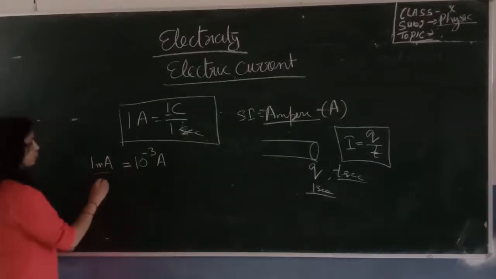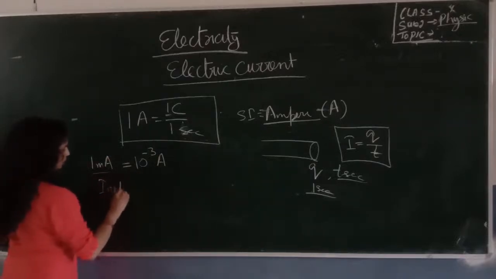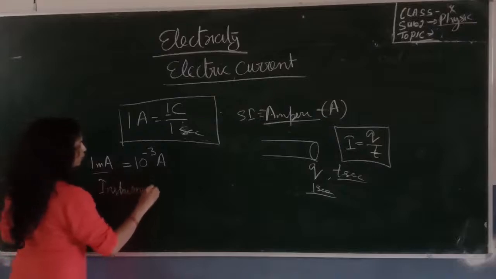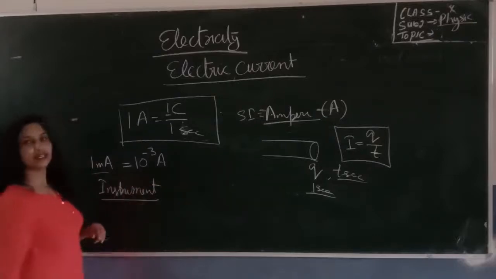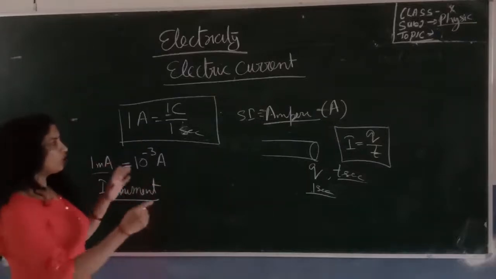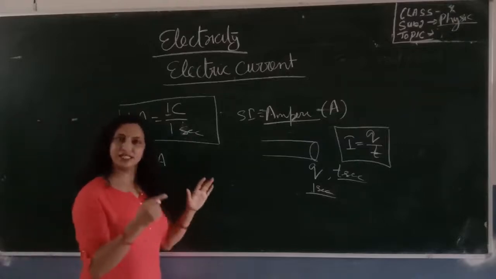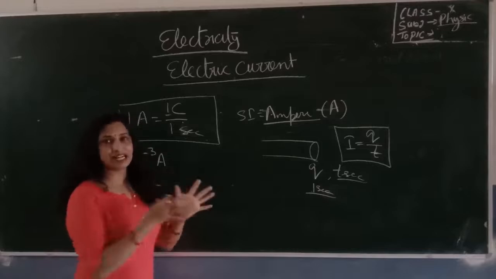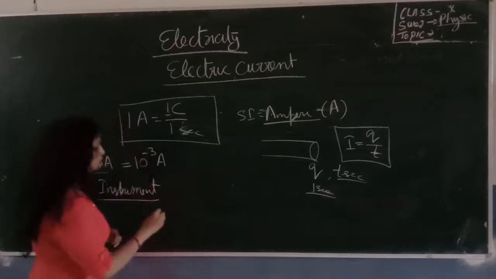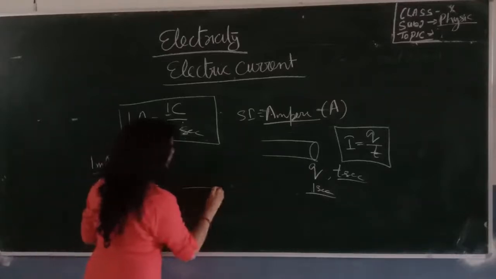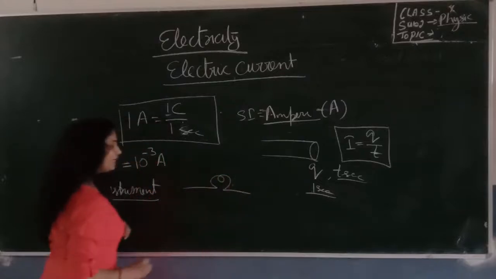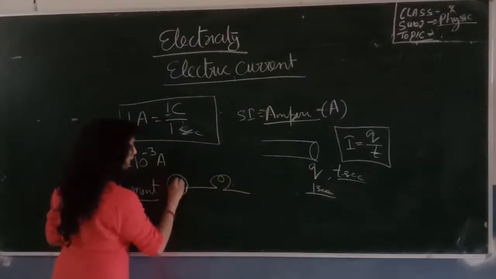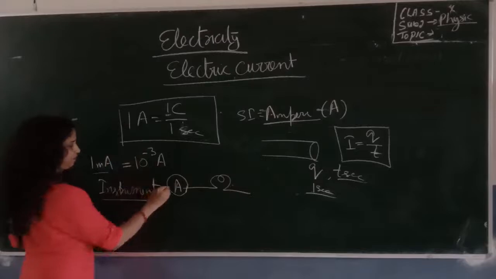Now, the instrument which we use to measure the current in the circuit. We always connect the ammeter in series. I explained in the last video the meaning of series and parallel combination. If you want to find out how much current is going through this wire, we connect the ammeter here, like this. This is called series.